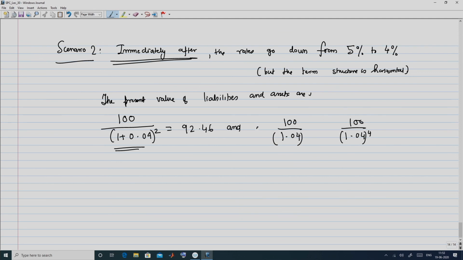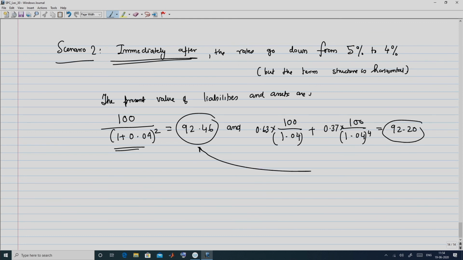Then I multiply these by the respective number of units, which are 0.63 and 0.37, and add them up, and this adds up to 92.20. And again you see that earlier these two numbers were 90.70, but now again they are more or less matching approximately.